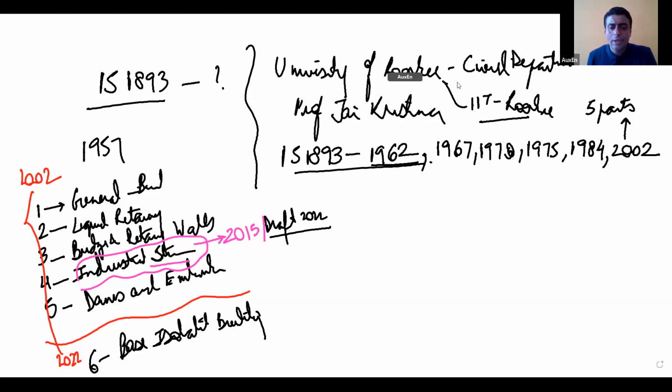And why did 2002 happen? Why were wholesale changes made in the 1893 in 2002? Anyone? Why do you think such significant changes were made in this year 2002?